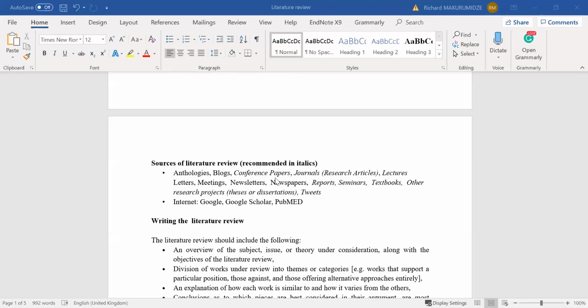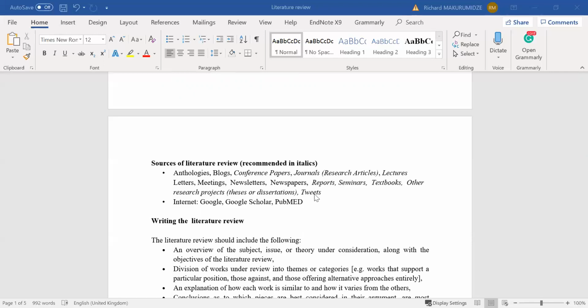Lectures, yes, you can quote them, but things like letters, meetings, newsletters, or newspapers, we don't usually recommend them for when you're writing. You can use them, yes, that's perfect, but for research which is academic, focus on things like reports, seminars, textbooks, or other research projects which have been done by other people.